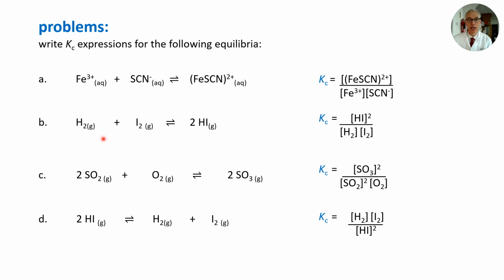So here, hydrogen and iodine appear on the bottom because they are on the left-hand side. If we reverse the way that we've written the equation in example D, then we've got hydrogen iodide on the left-hand side, so that appears on the bottom. And of course, that gives 2 different values for Kc, which of course are 1 over each other, reciprocal values.